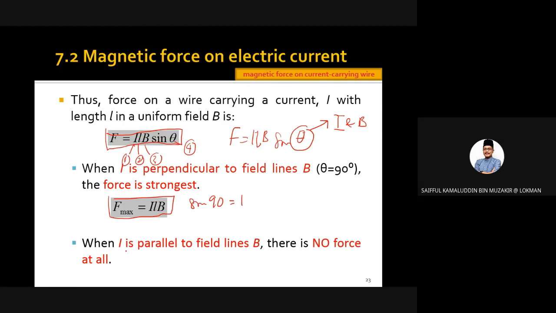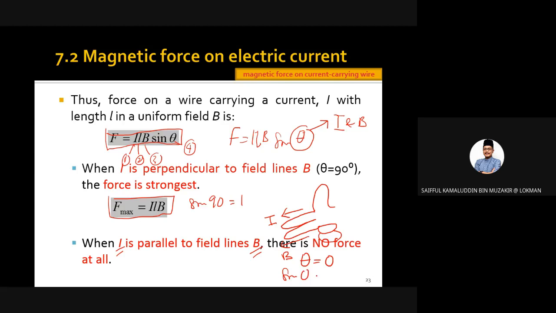Now, if I is parallel to the field line B, your middle finger and your index finger are in the same direction. Let's say our thumb is like this, our index finger is like this, our middle finger also like this, and the rest of the fingers are flipped like this. If I and B are in the same direction, it means that theta is 0.